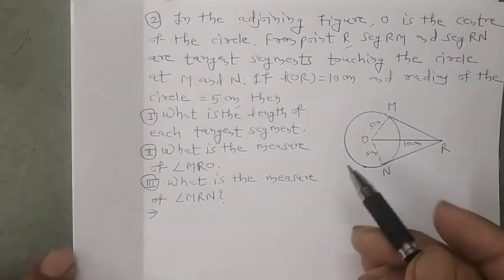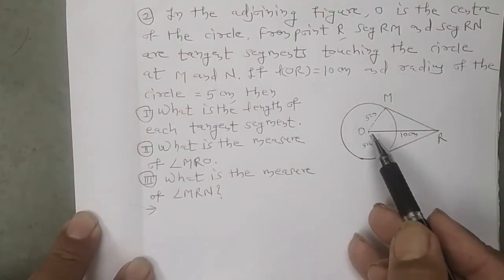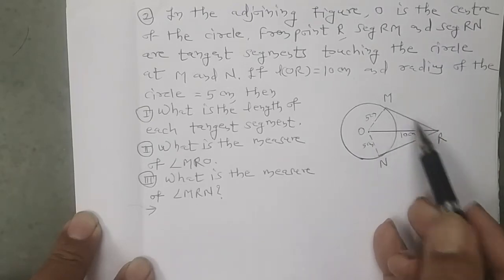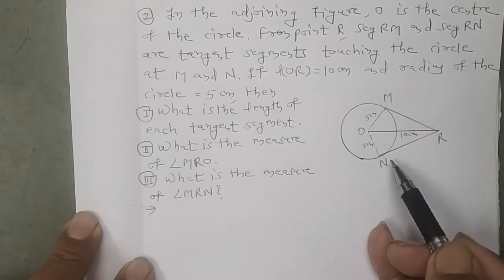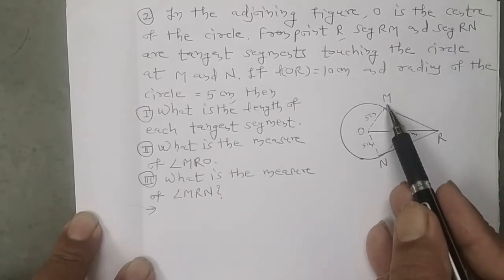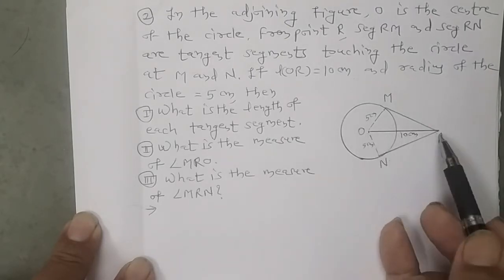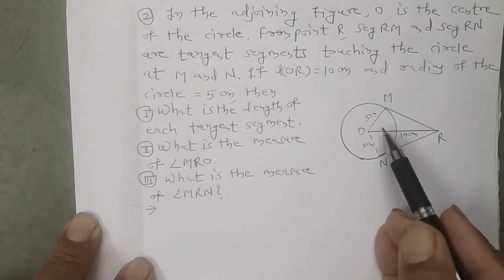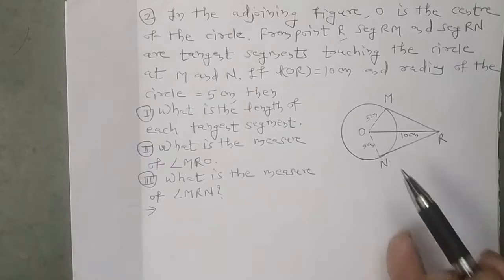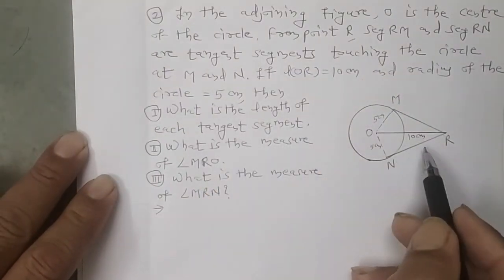Now question number 2. In the adjoining figure, O is the center of the circle. From point R, segment RM and segment RN are tangent segments touching the circle at M and N. If length of OR is equal to 10 cm and radius of circle is 5 cm, then we have to show first what is the length of each tangent segment.